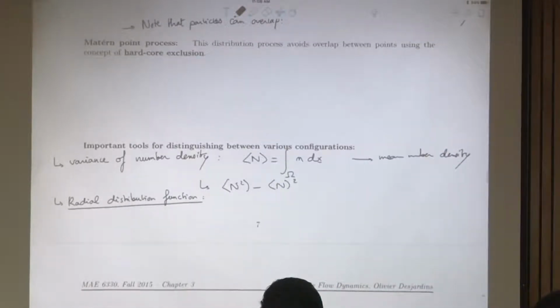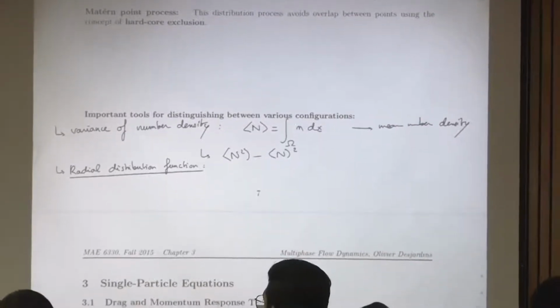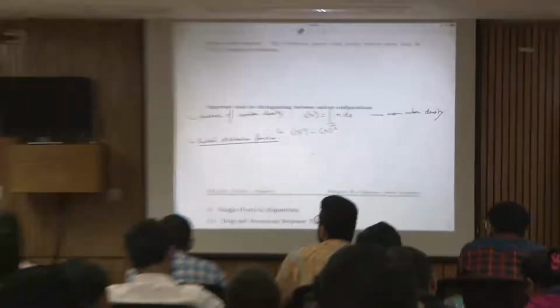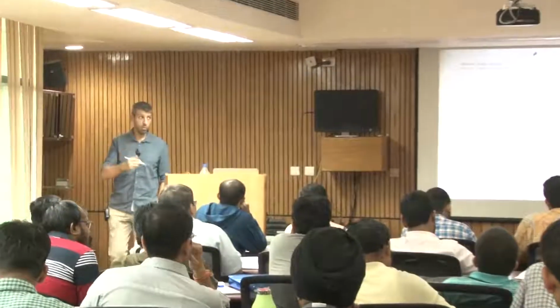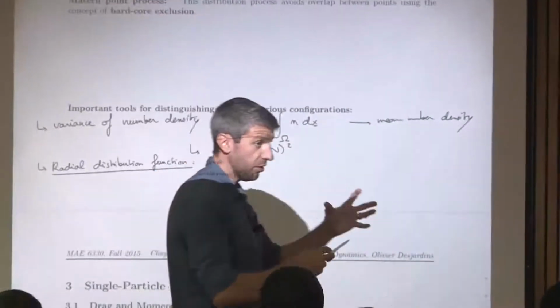Should it be averaged by something, or is it just over the dx? We are integrating over the volume. So here I'm thinking about integrating over a volume of interest. If you have a region of space, at each location you know what the number density is.